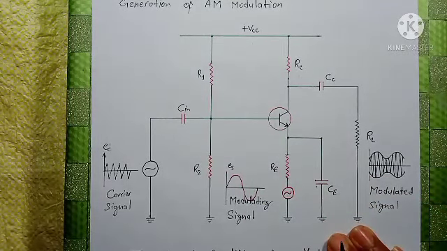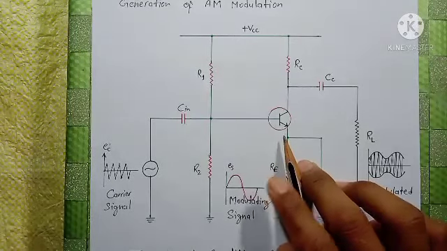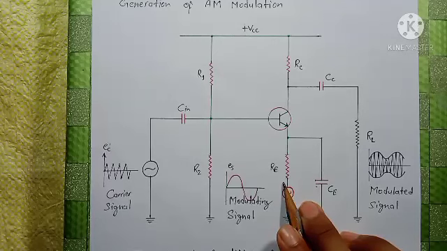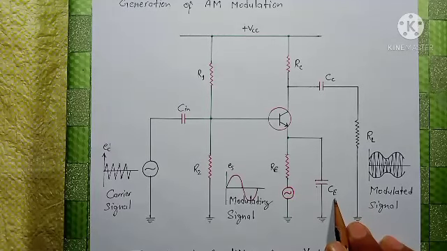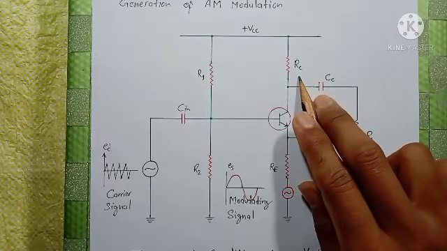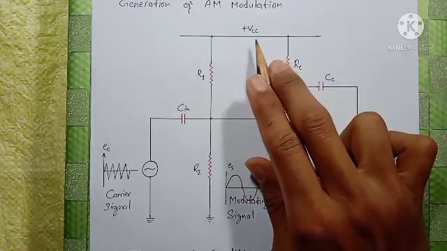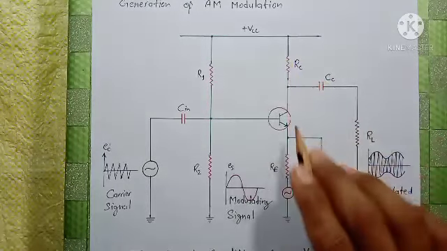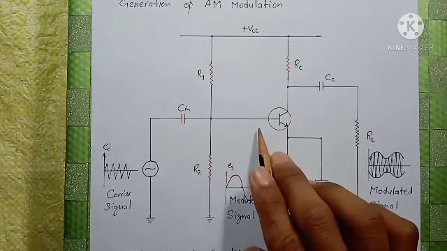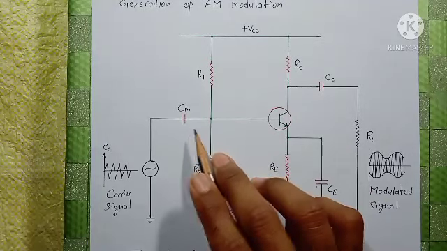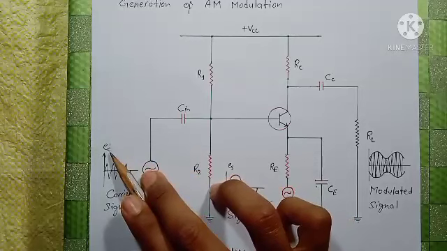Here this is a transistor, and this is our emitter resistance Re, and this is our emitter capacitor Ce. Now we have a collector resistance Rc, which is connected with voltage source Vcc. On the base side of the transistor we have the input capacitor Cin and carrier signal Ec.